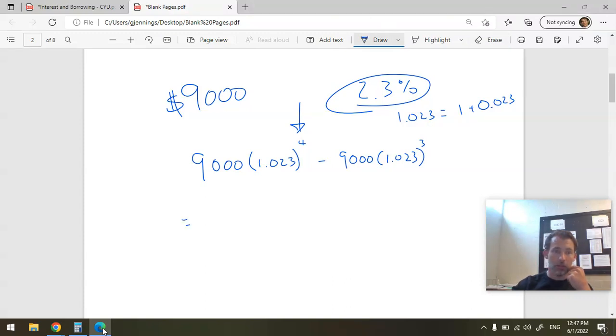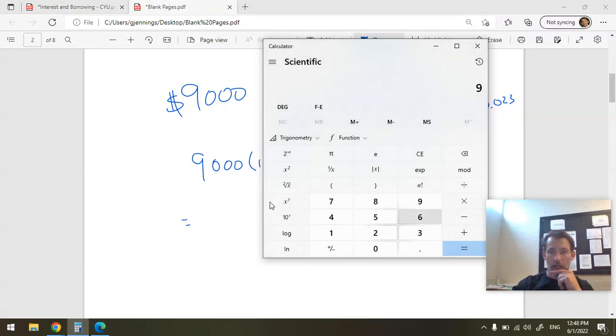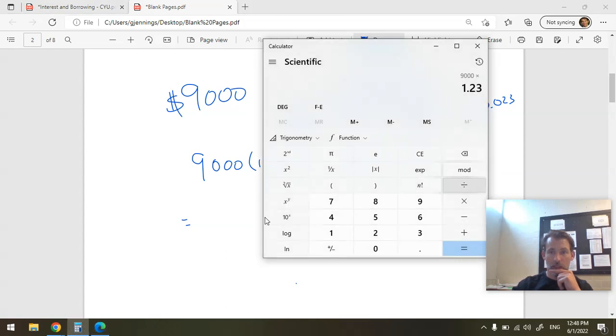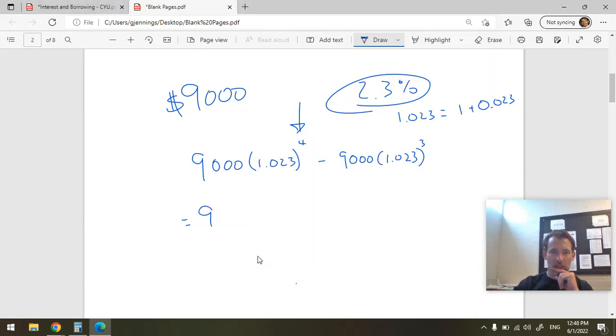Let's work it out. 9,000 times 1.023 raised to the power 4 equals 9,857.